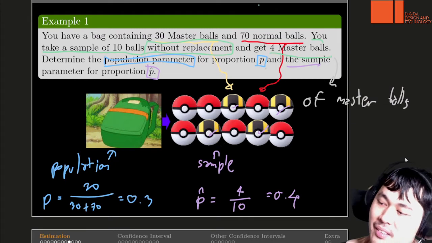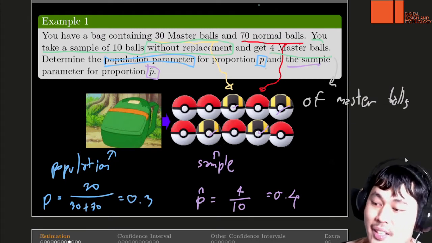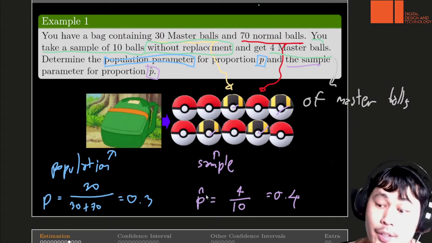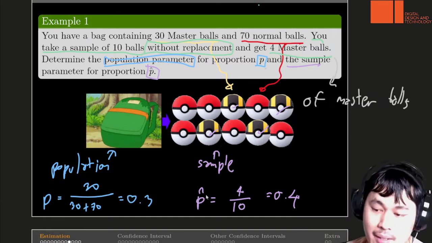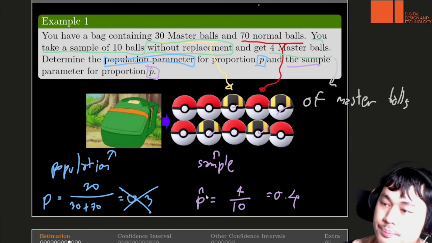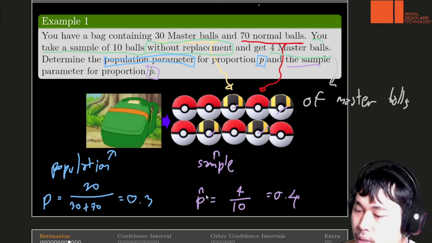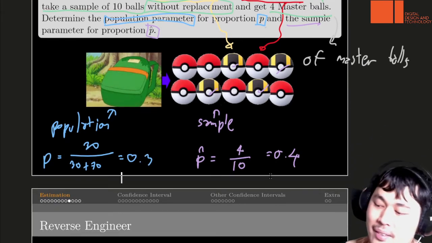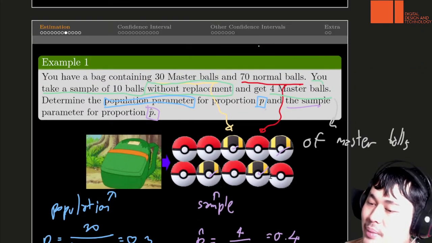Of course, this is just to illustrate the difference between these 2. In reality, you're not going to see that number at all, and that's why we need to use some math to help us get a good number.